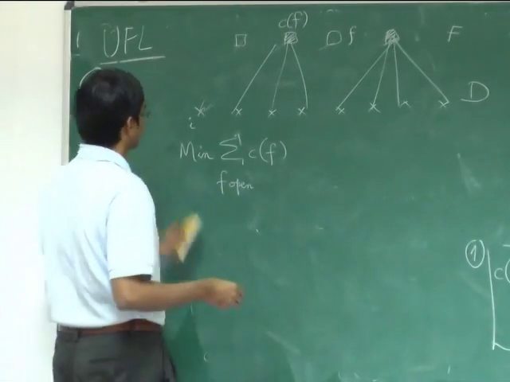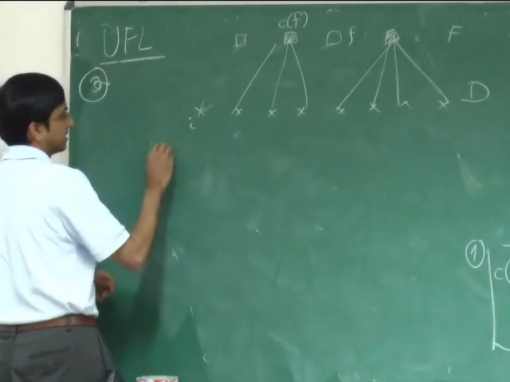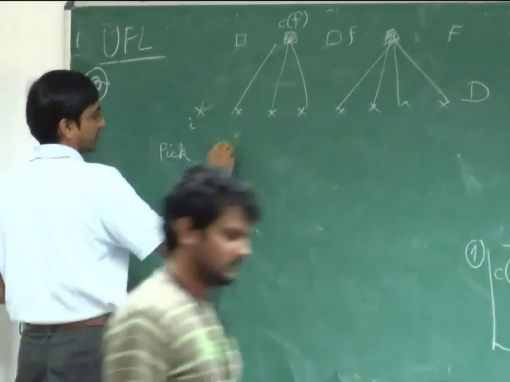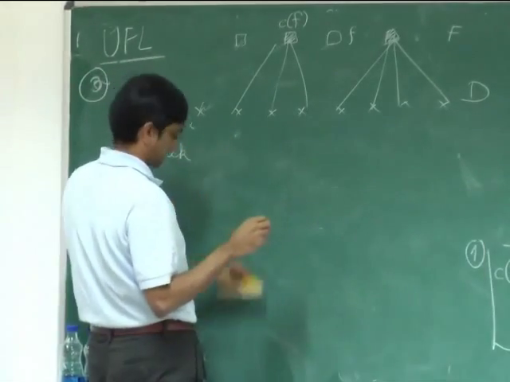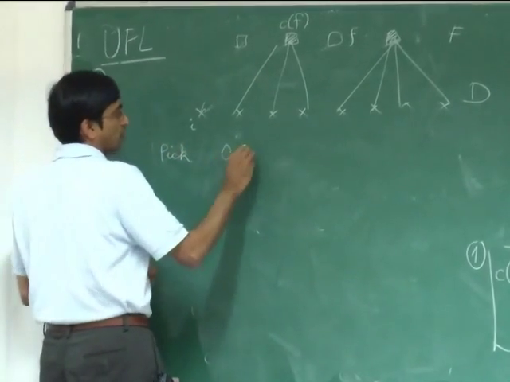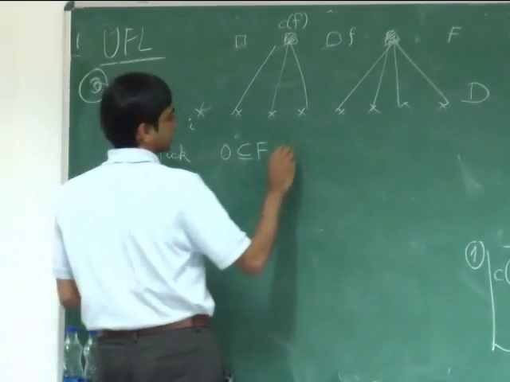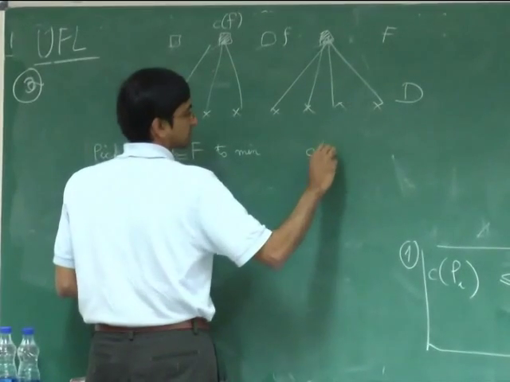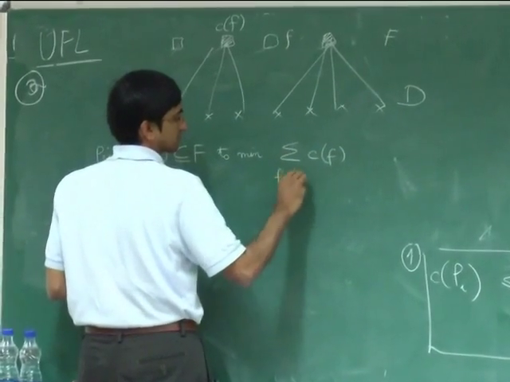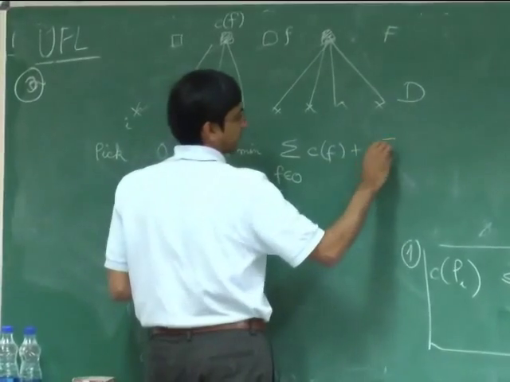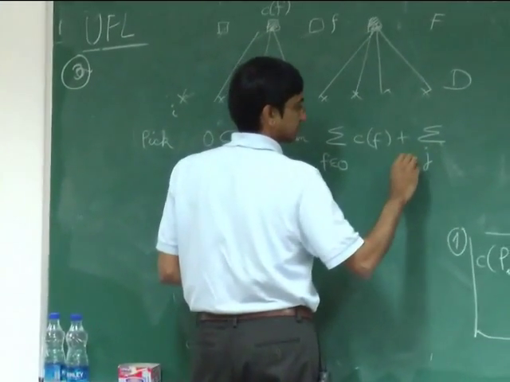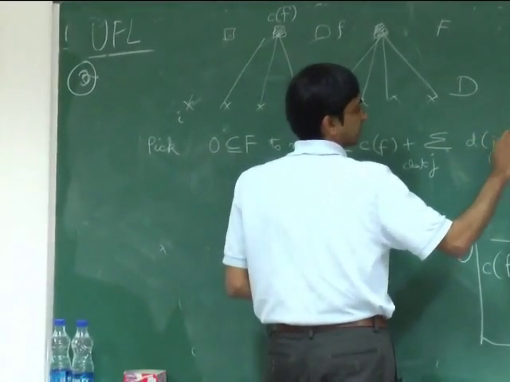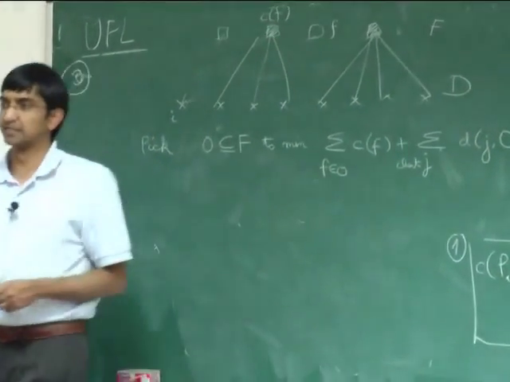Let's write it a little more formally. Pick a subset of facilities O to minimize the sum of the facility costs, plus for every client j, you minimize the distance from j to the closest open facility.